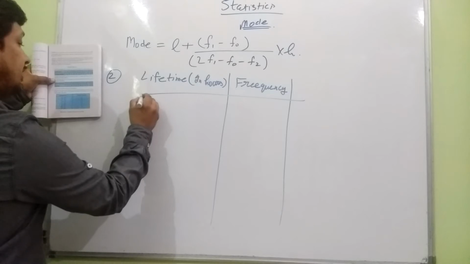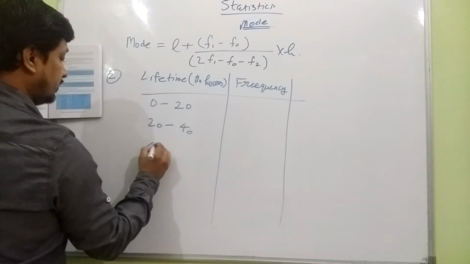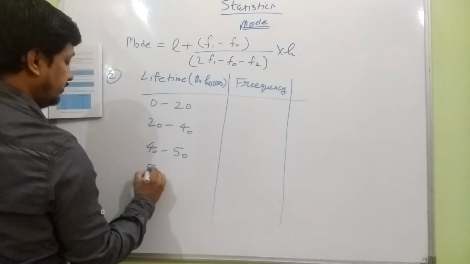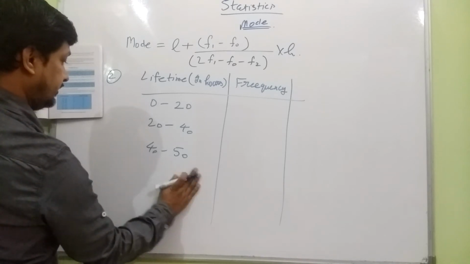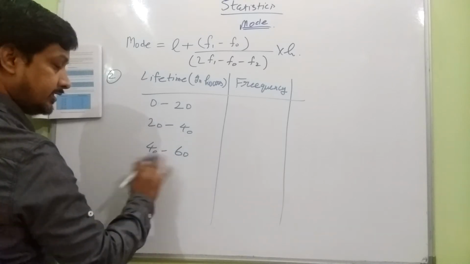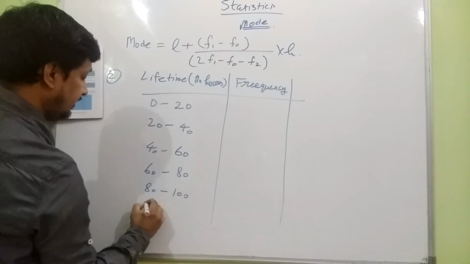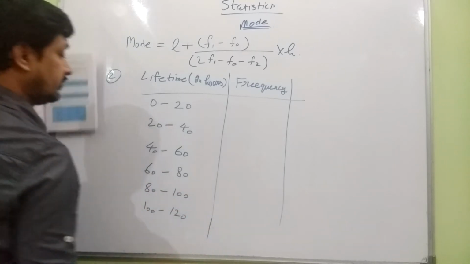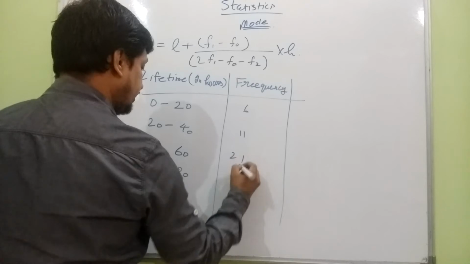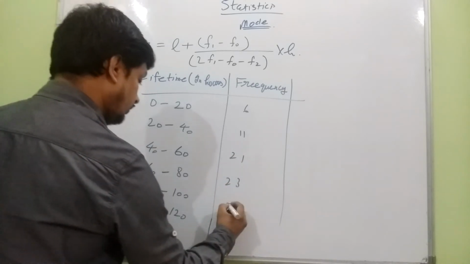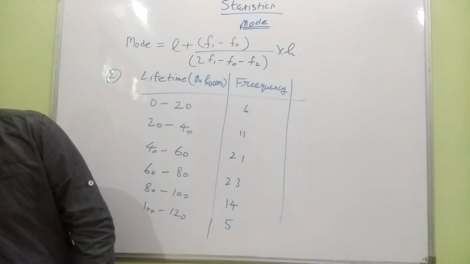So lifetime is 0 to 20 hours, 20 to 40, 40 to 60 because 20 is the class size, then 60 to 80, then 80 to 100, and finally 100 to 120. And what are the frequencies? Frequencies are 6, 11, 21, 23, 14, and 5. Okay, we have to find the mode for the same.